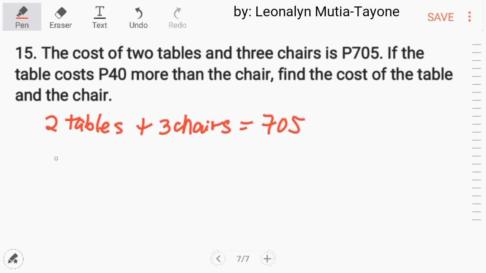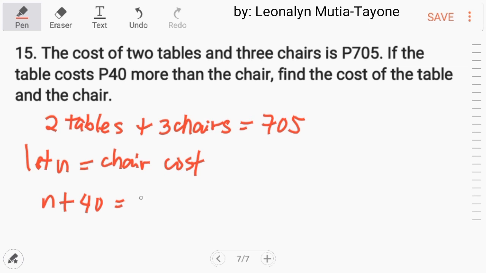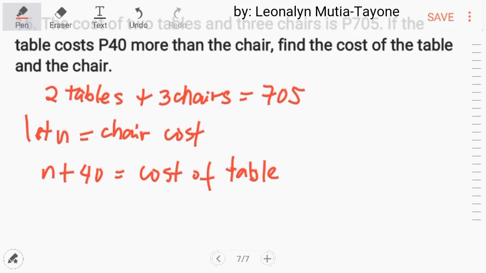So, si chair, let N be the cost of chair. So, N plus 40 equals cost of table. Kasi 40 more than siya sa chair.